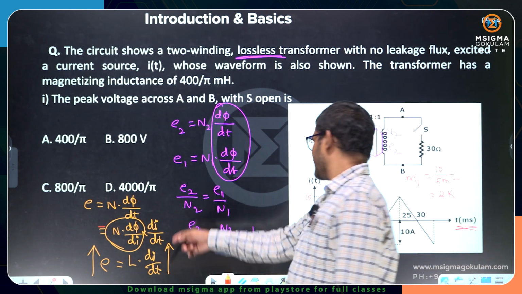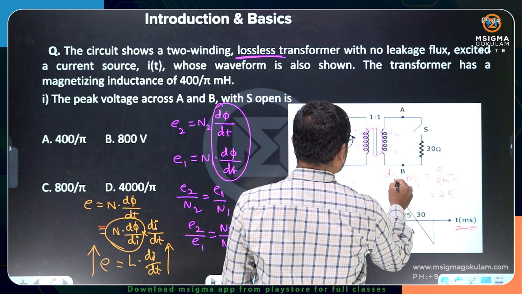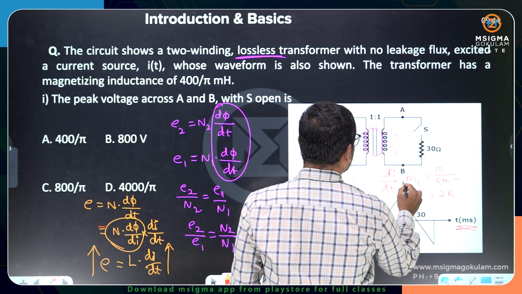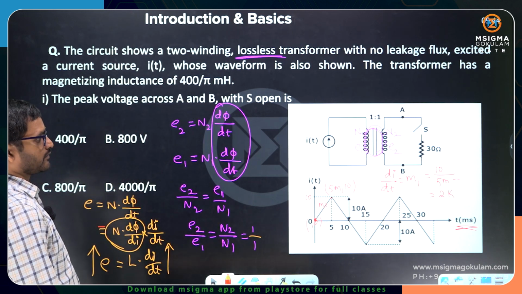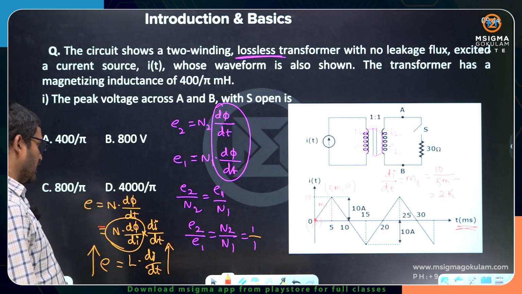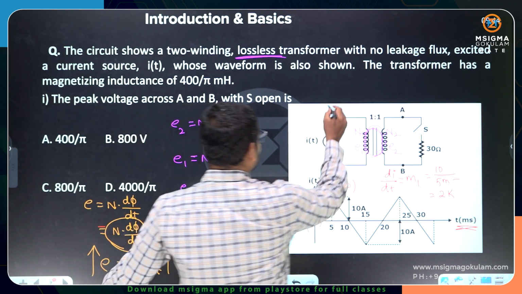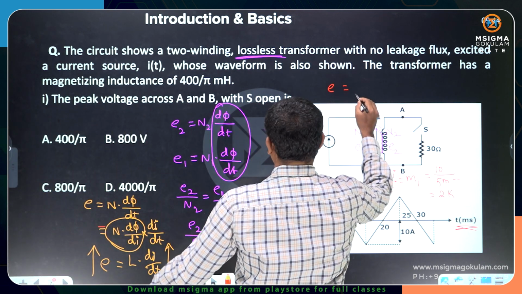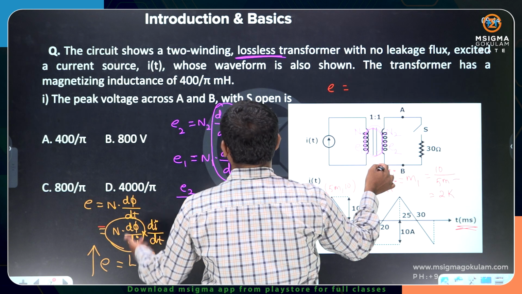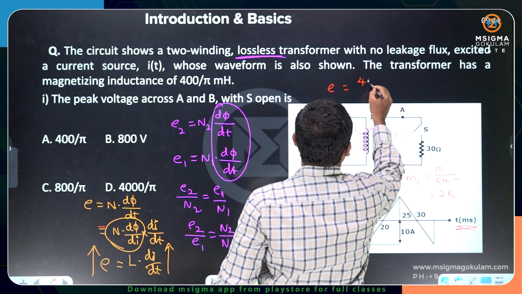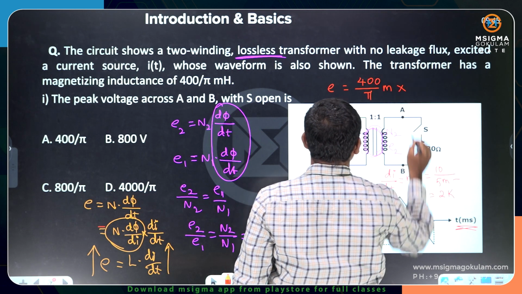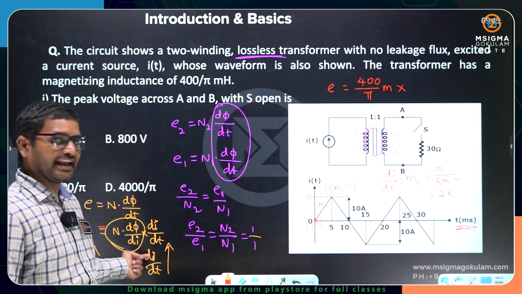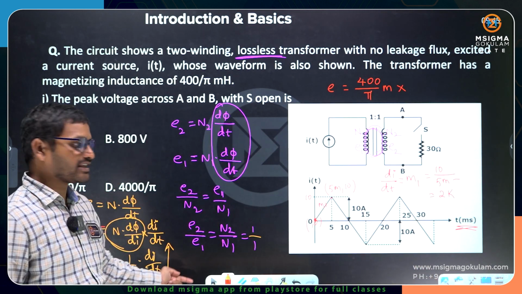Otherwise, di by dt is equal to 2 kilo. You substitute here, you will get it. If I substitute, the EMF is equal to L, which is 400 by pi millihenries, into di by dt, that is I2 minus I1 by T2 minus T1.